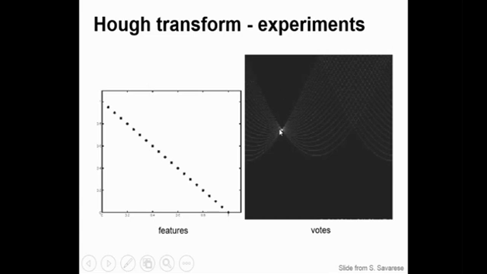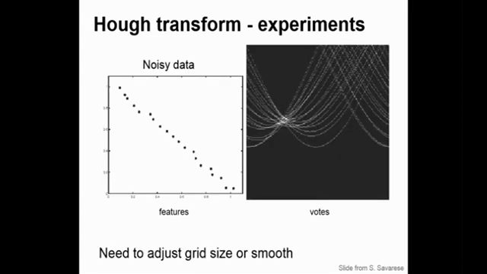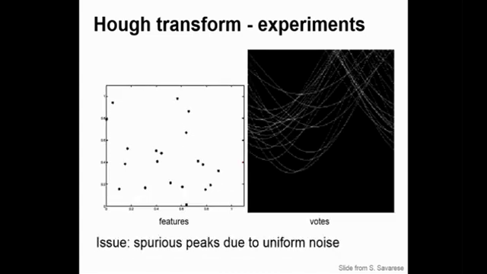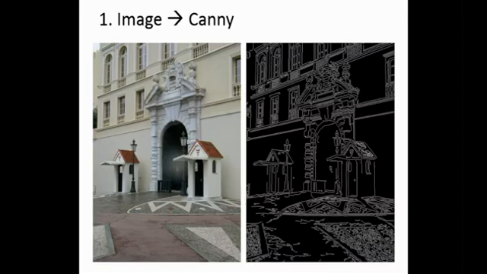And if you have lots of these random points, they're not going to agree with each other, so they're not going to agree with the parameters that have the most votes. But it's not very good at dealing with a lot of noise. So it makes sense in applications where you have outliers but not super high noise.